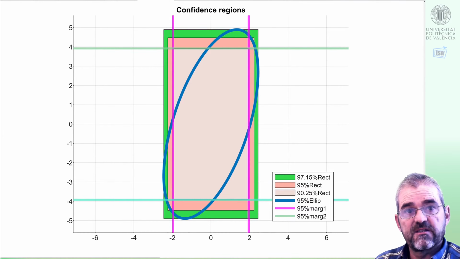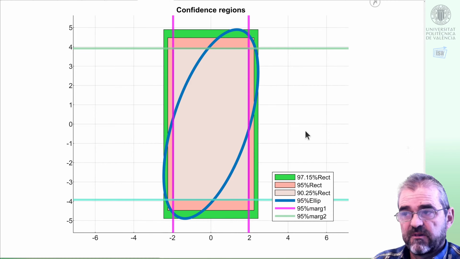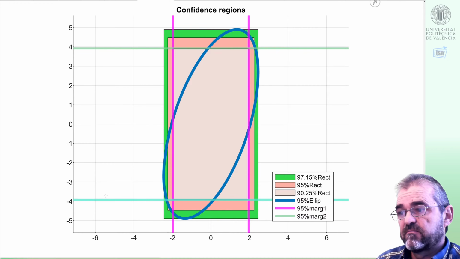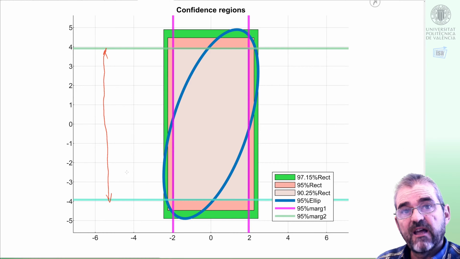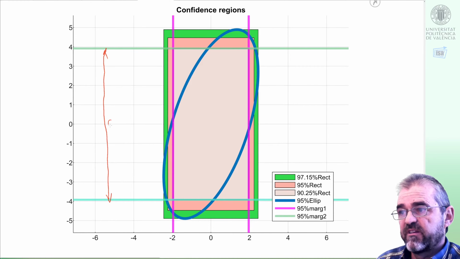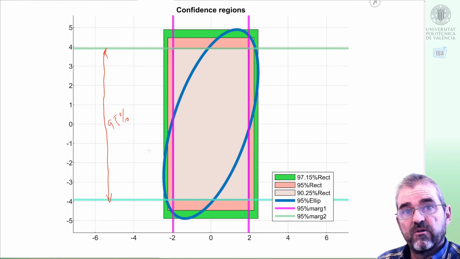Well, some of them will still be correct, but the rectangle ones, for instance, will be wrong. The marginal analysis is still correct: the square root of the diagonal times 1.96 will give me the correct 95% confidence interval on x2, because the marginal analysis is: forget about other variables this x2 could be correlated with.